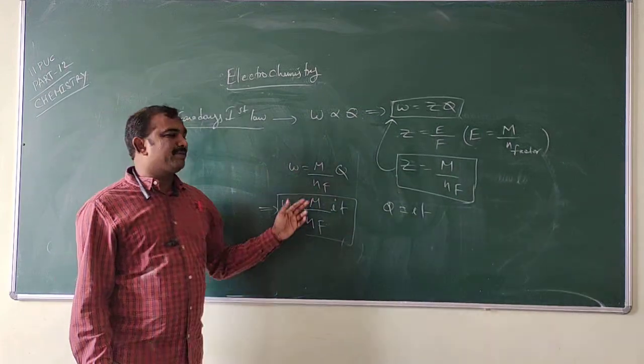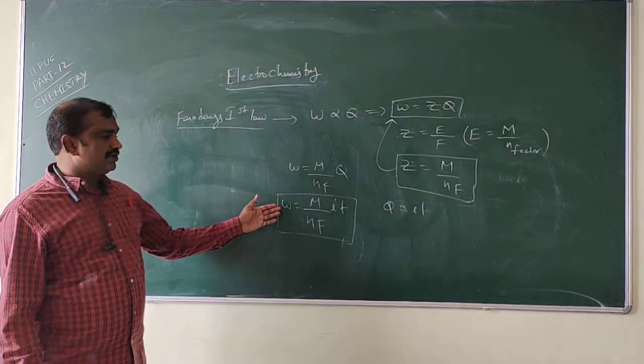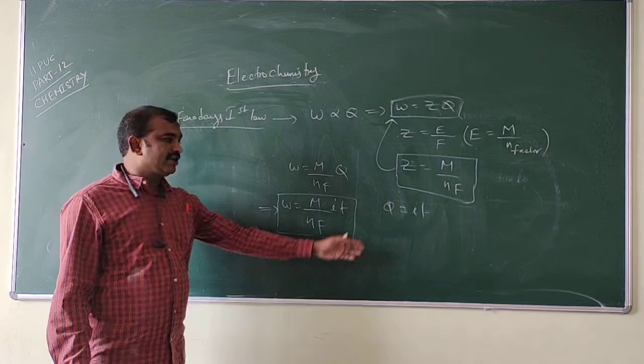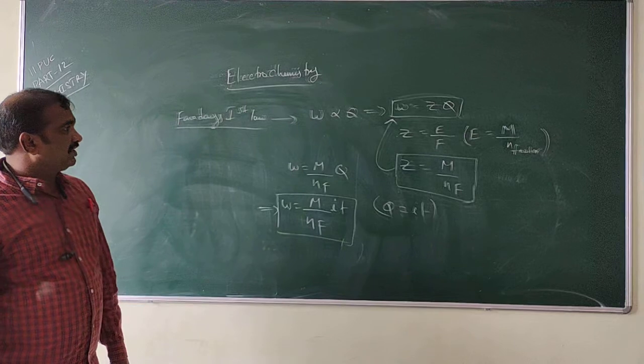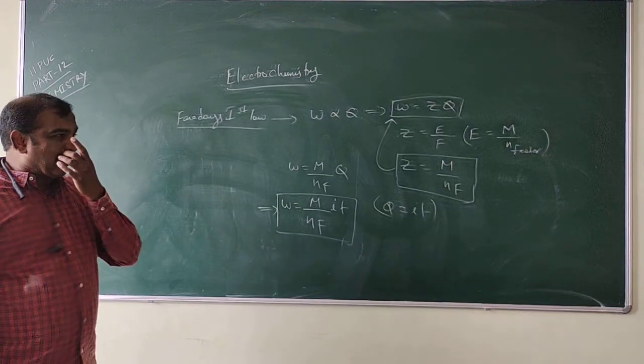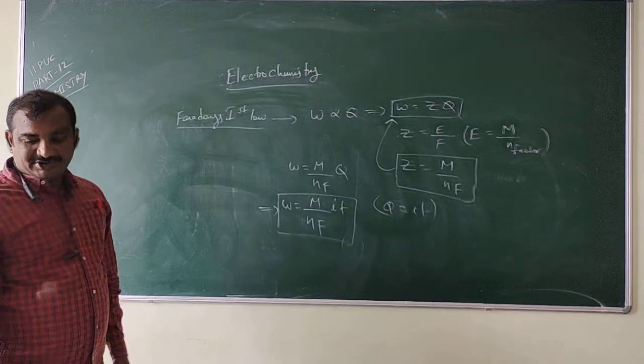So W is equal to M by nF into Q, and since Q is equal to IT, W is equal to M by nF into IT. From the first law, we have derived this equation.